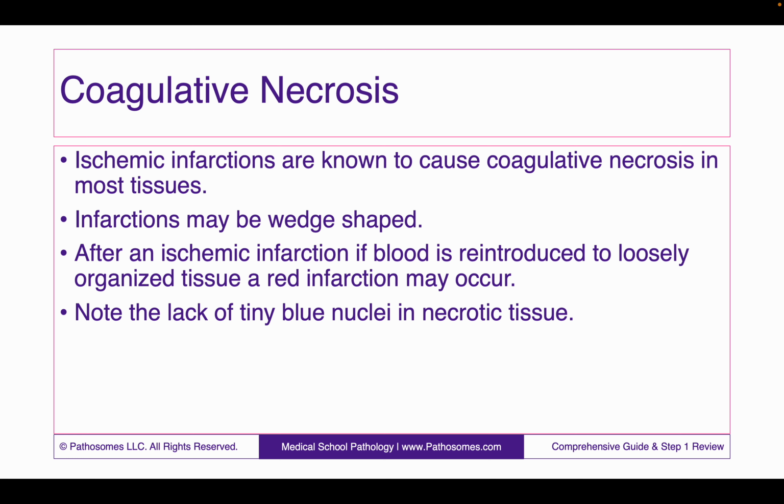Infarctions may be wedge-shaped. After an ischemic infarction, if blood is reintroduced to loosely organized tissue, a red infarction may occur. Note the lack of tiny blue nuclei in necrotic tissue.